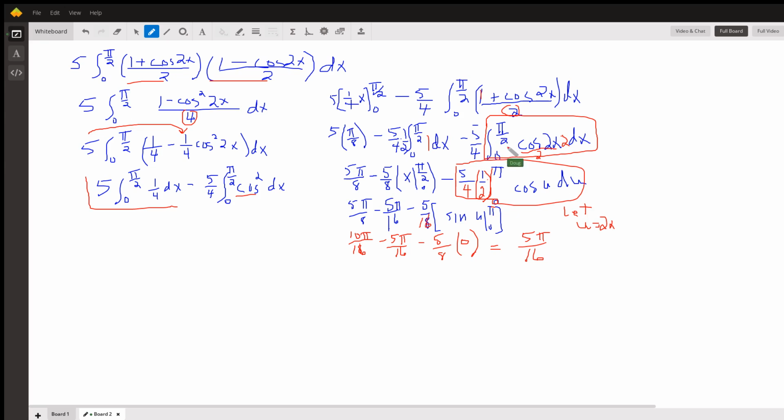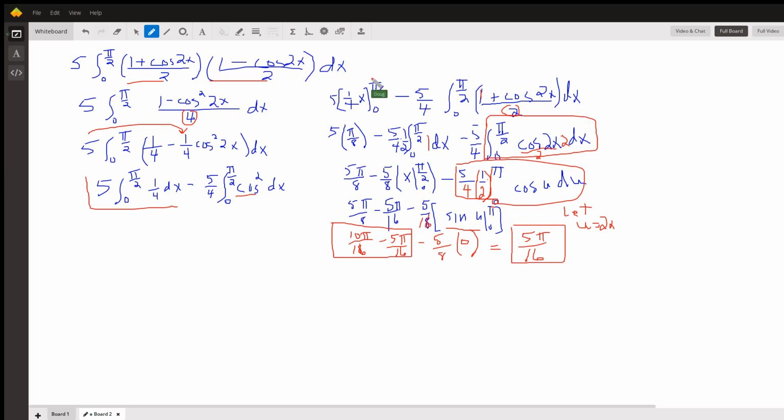When x is pi over 2, 2 times pi over 2 is pi. And the whole point is when I evaluate this from 0 to pi, I get a 0 here. So this is where we actually get our answer from. 5 pi over 8 is 10 pi over 16 minus 5 pi over 16 gives us 5 pi over 16.